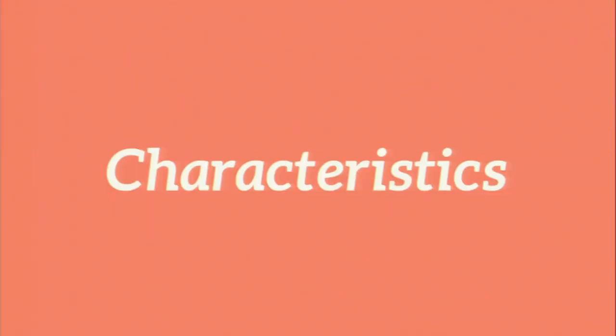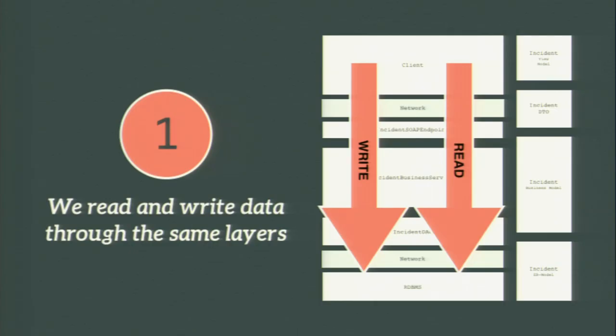And the characteristics of this kind of architecture might seem, I would say, extremely obvious at first glance. So the first characteristic is we read and write data through the same stack of architectural elements. We read and write basically through the same layers, like we go through the business service down to the data access logic, the repositories, and whatnot.